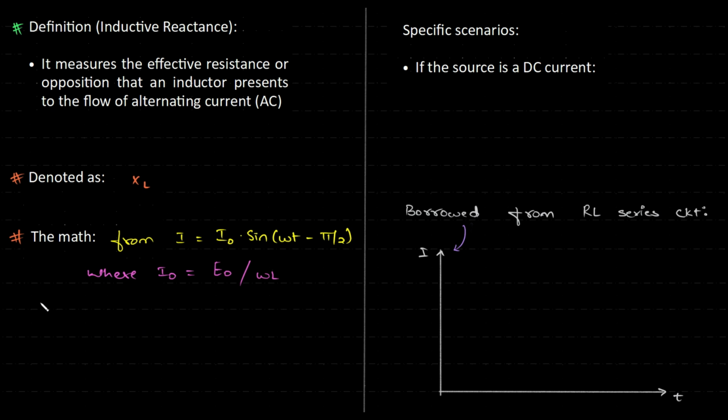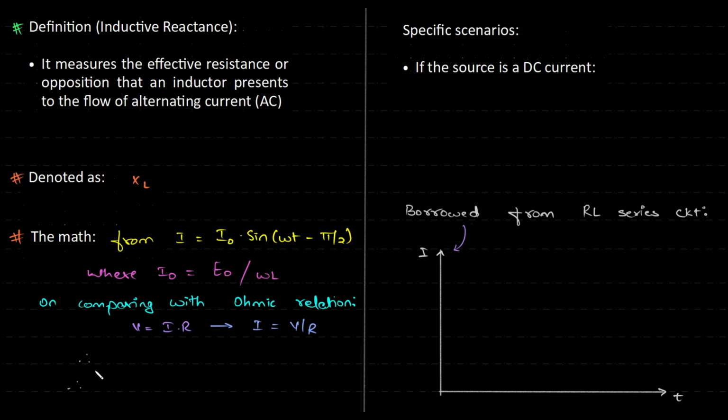Then if you compare this with the ohmic relation, which gives us V is equal to IR, or I can write it as I is equal to V by R. So, voltage, omega L, R. What can we tell?